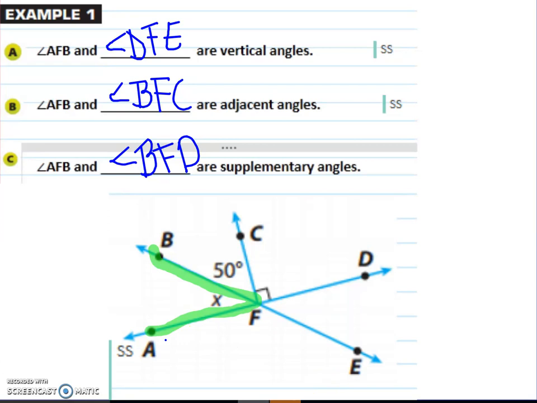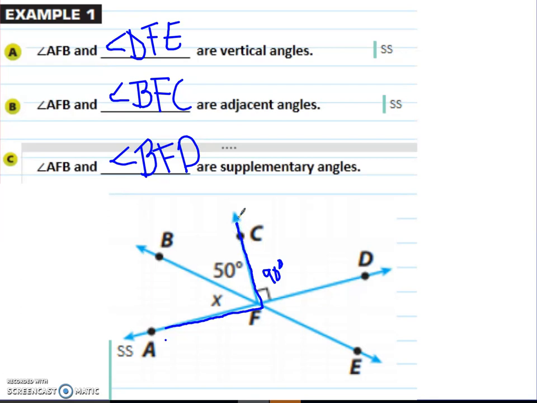Okay, we are going to now solve for X and all the other missing angles. So this little box here indicates that this is 90 degrees. Well, if we know this is 90 degrees, we also know that all of this is 90.